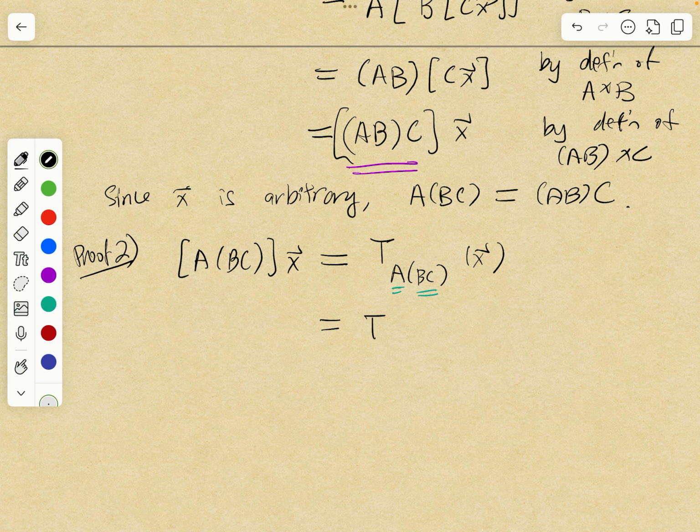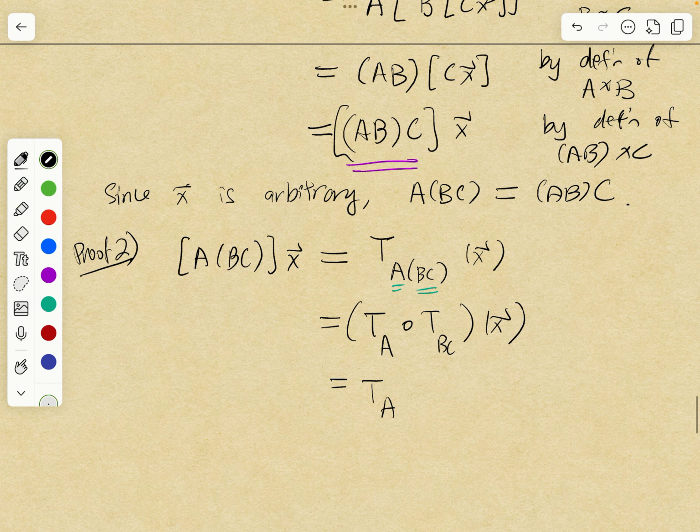So this is going to be T sub A composed with T sub BC of X. And that by definition of the composition of functions is T sub A of T sub BC of X.